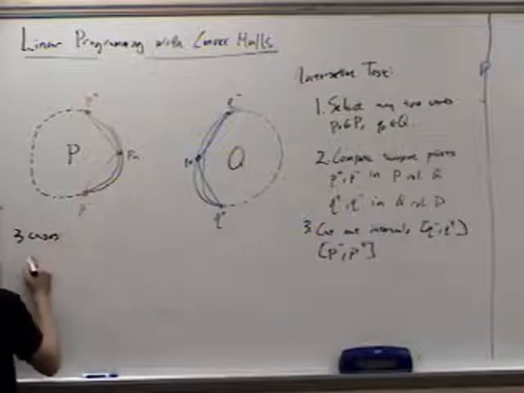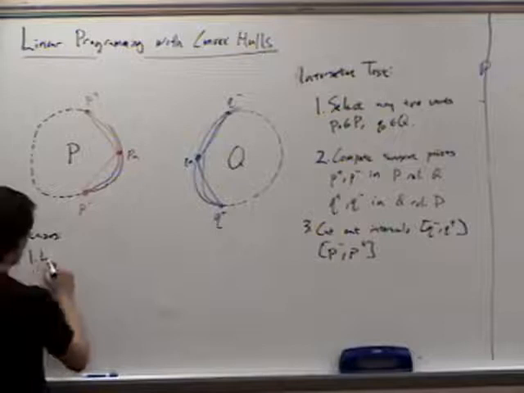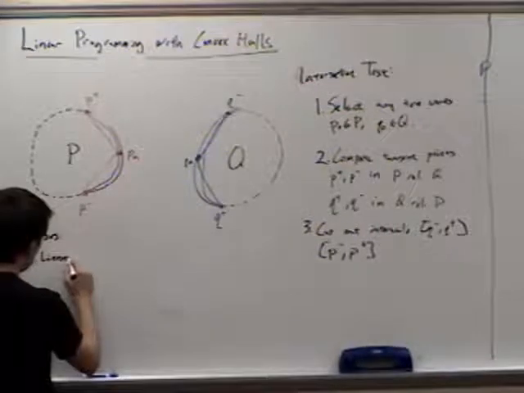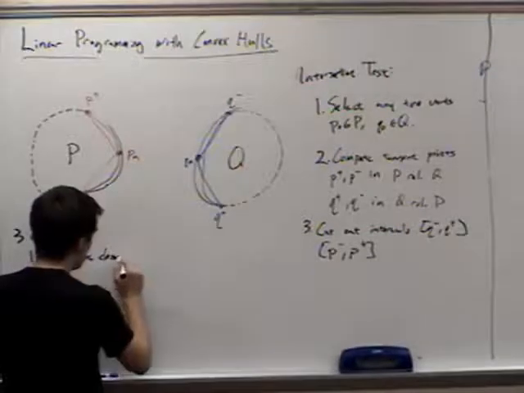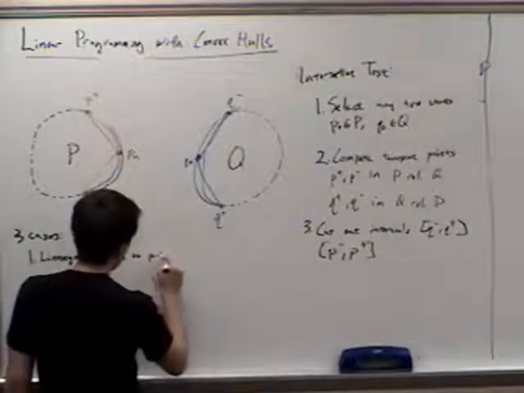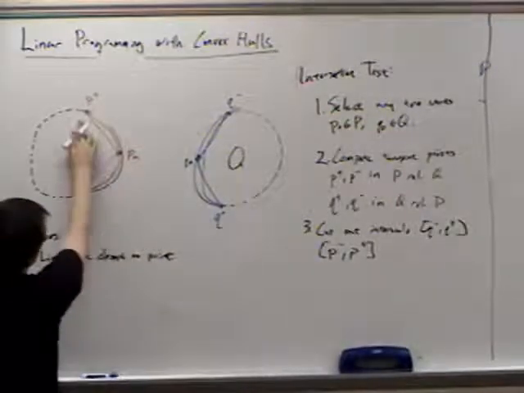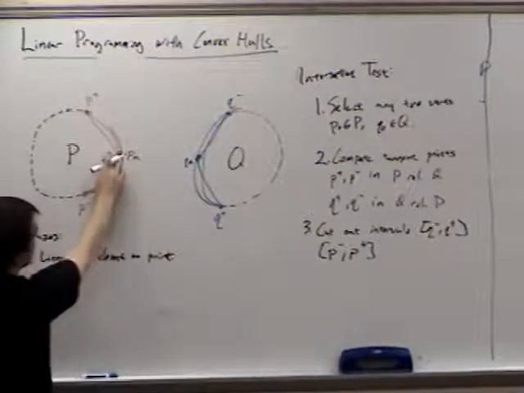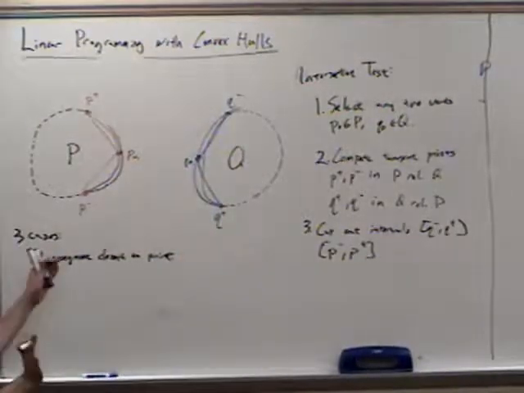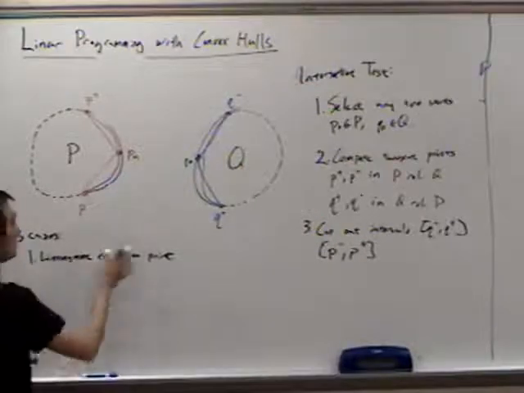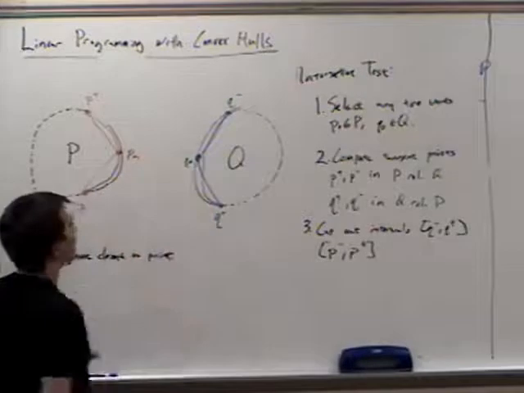The generic one, and the one that will happen most of the time, is that a line segment is going to be closest to a point. All right. So for example, suppose that maybe there was some point on this line segment which happened to be closest to some point on this line segment, right? Or maybe this line segment happened to be the closest to this point QM, right?